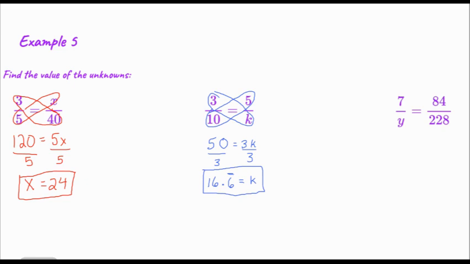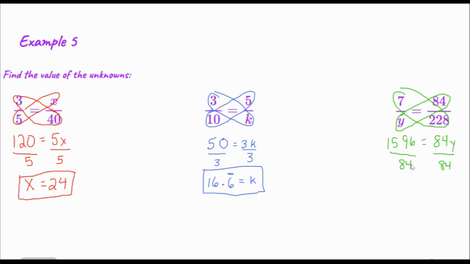All right, big numbers on this next one. Let's go ahead and multiply. I will use a calculator on this one. 228 times 7 is 1,596. Then we're going to multiply 84 and y, which is just 84y, and then divide by 84.